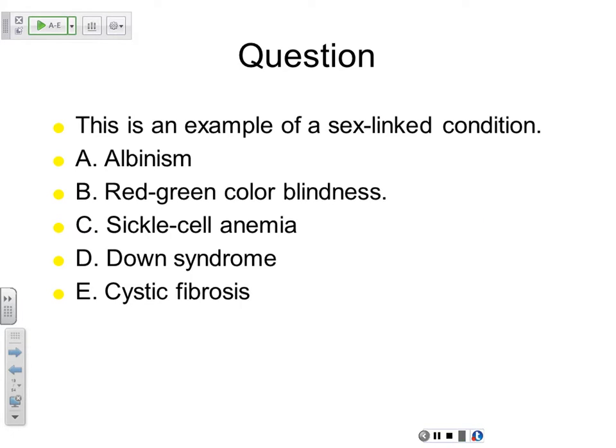Question? Okay. Start polling. Oh, stopped.